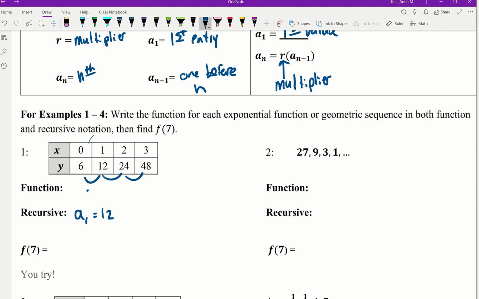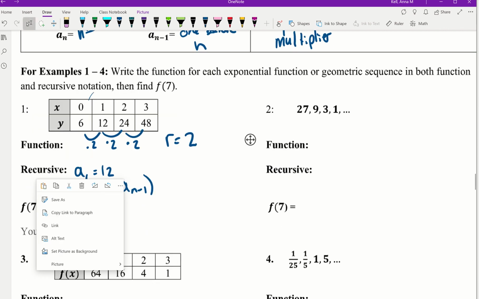Let's look at what my multiplier is. It looks to me like we're multiplying by 2 every time, so my multiplier is 2. The next part I'm going to write is in this pattern: A sub n is equal to 2 times A sub n minus 1.